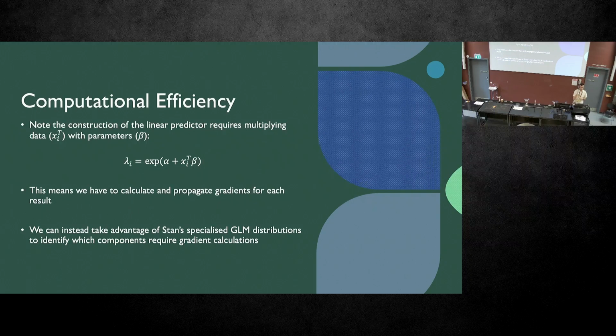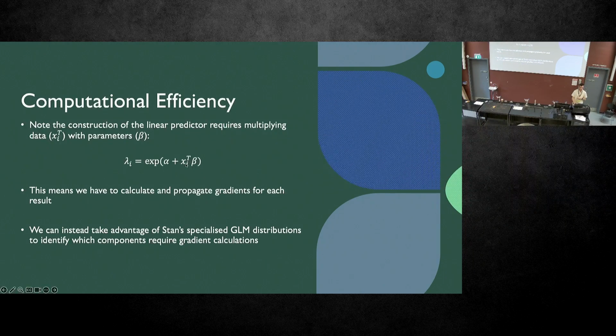So when we're calculating our likelihood, we need to calculate the gradient with respect to each of our inputs. And with terms like we have here in our linear predictor, we have to construct and propagate gradients for each term of this multiplication of x with beta. This ends up with an additional n times t gradient calculations because we have n times t observations.